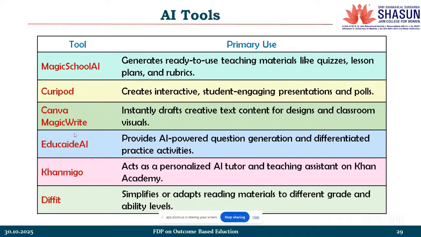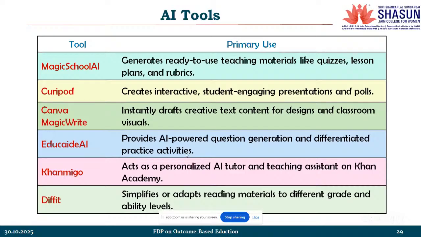And then we have this Educate AI. Magic School AI and Educate AI have a number of tools inside them, but each has a different unique task. Educate AI provides AI-powered question generation and differentiated practice activities also.